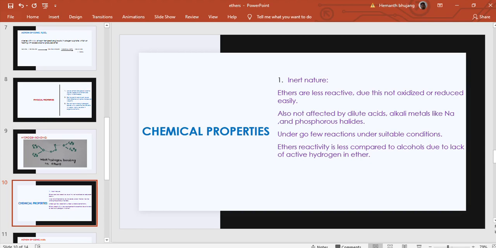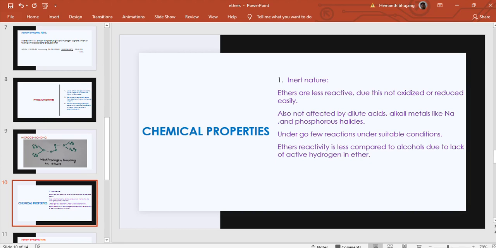Ethers are less reactive due to their inert nature; they are not oxidized or reduced easily. That means we cannot reduce, or even oxidize, ethers under normal conditions.